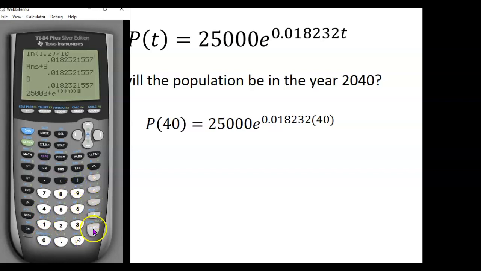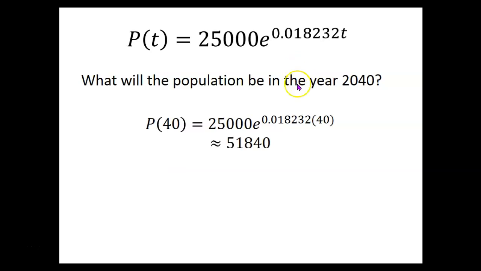Close the parentheses, hit enter, and it comes up as 51,840. So that's my answer. According to this model, in the year 2040, the population will have gotten up to 51,840.